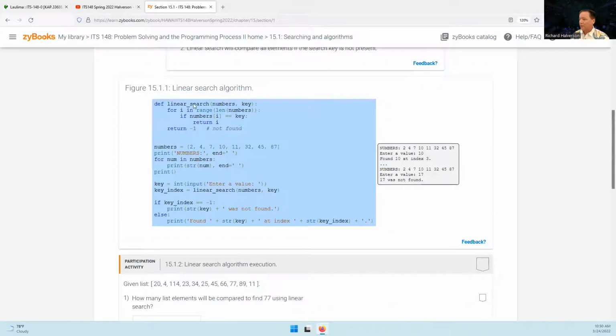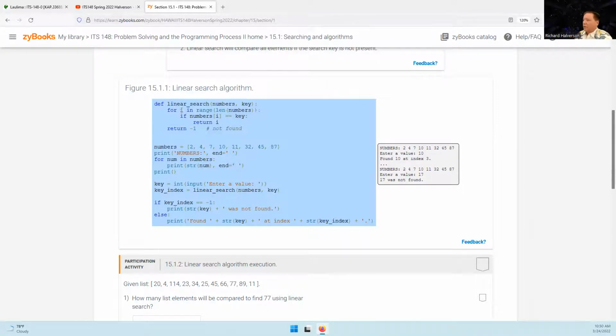And so this is the algorithm for a linear search. Here we're just loading up a list. We have a list here, and then it asks us what value to search for, and it calls this linear search algorithm.